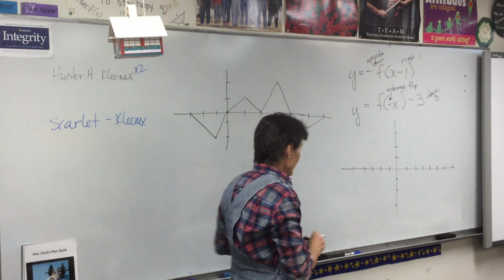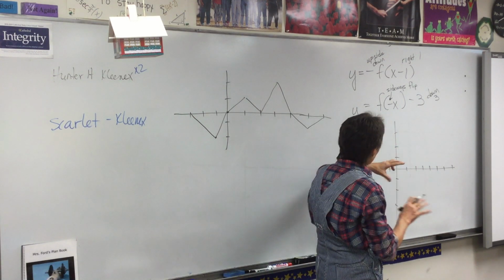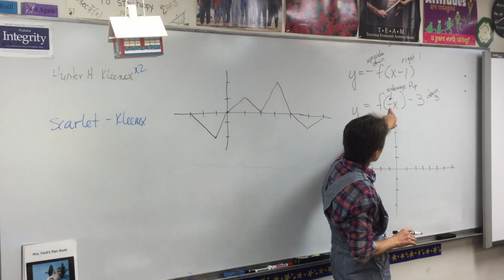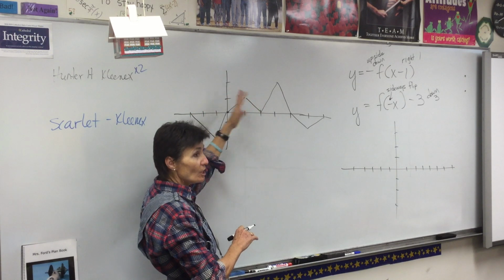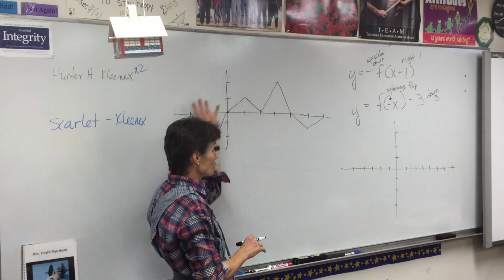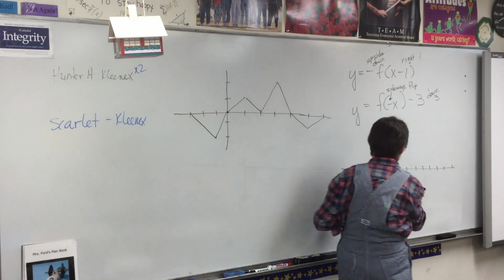All right, so here we go. Some of you can do all of this in one time. I can't. So I'm going to start inside the parentheses first, and I'm going to flip this picture. So remember, that means we're just moving it from side to side. So this little triangle is going to get drawn over here.